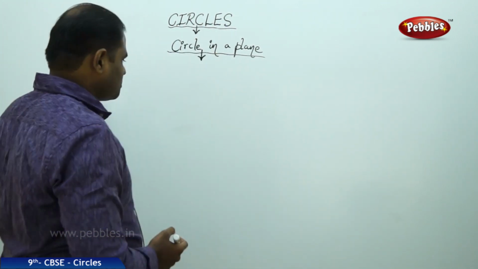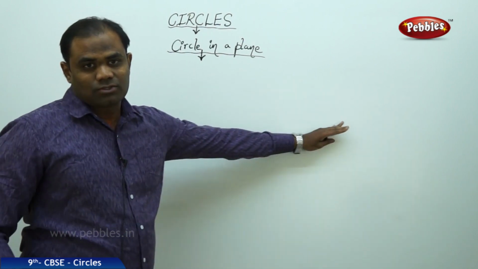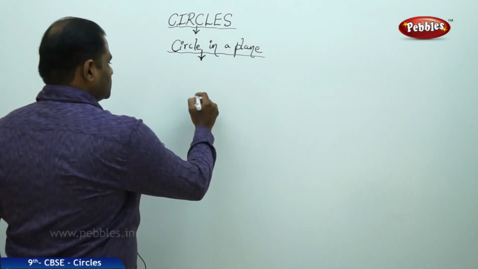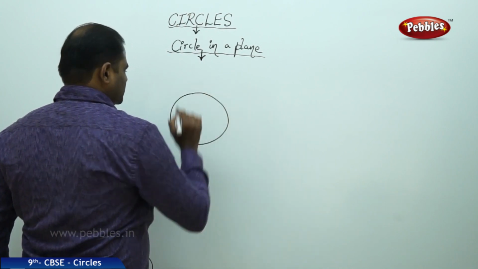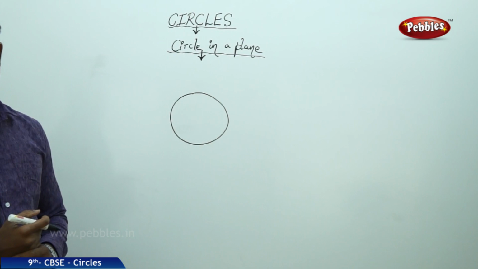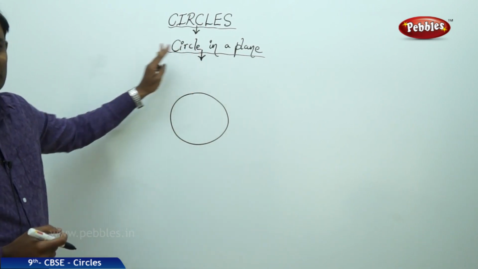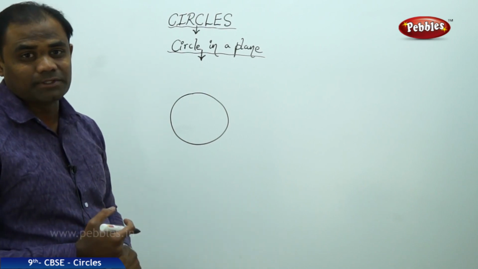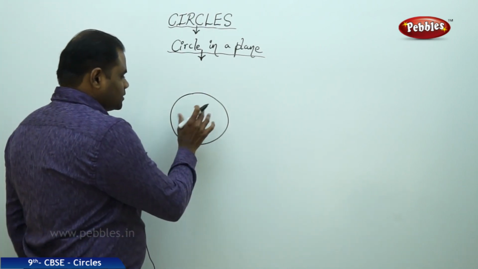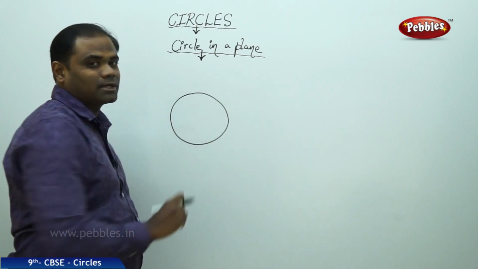So let's take this plane of the marker board. On this whiteboard, I have a circle in this planar region. So in this planar region of the white marker board, a circle divides it into two regions. This is the region inside and this is the region outside.